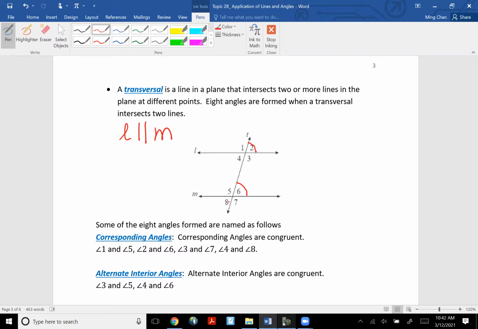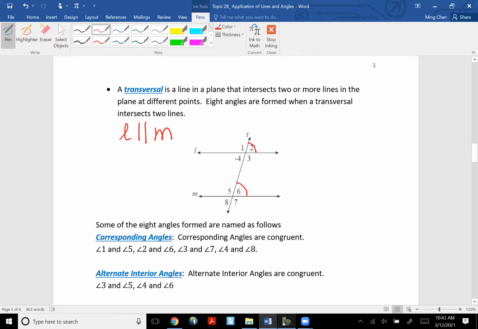Alternate interior angles are also congruent. Alternate interior angles means alternating the transversal. Interior means in between the parallel lines. So angles 3, 4, 5, 6 are between the parallel lines, right? These 4 angles are between the parallel lines. And alternating means alternating sides.